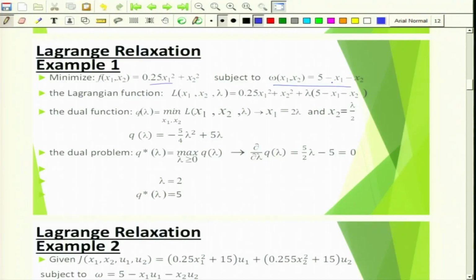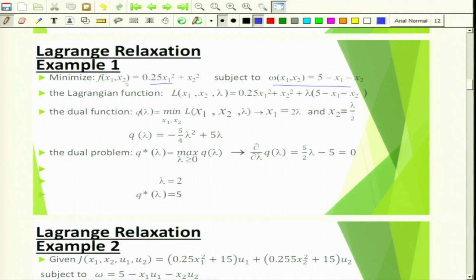That is why we split the problem and then use the dual optimization technique to solve the problem. Now this is a continuous problem, a continuous function. So here there is no concept of integer number where generator is on or off. So we are just taking a simple problem.